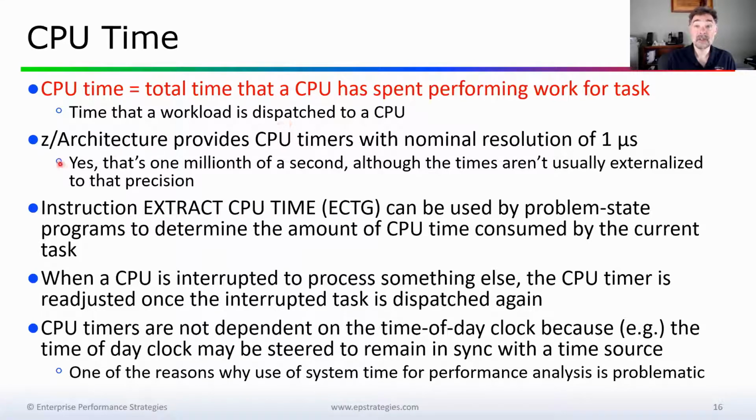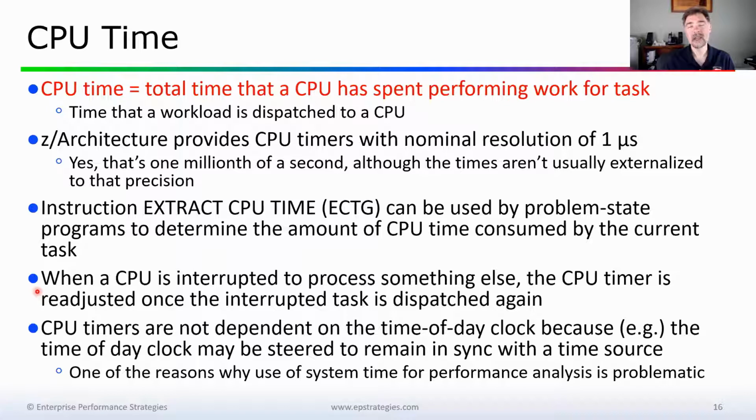And we can measure that duration because the Z architecture has CPU timers that have a nominal resolution of 1 microsecond, although they're usually not externalized in the SMF data to that level. The other important point about the CPU timers is when the CPU is interrupted to go do something else, such as handling an I/O interrupt, the CPU timer is readjusted when the task picks back up and starts executing again.